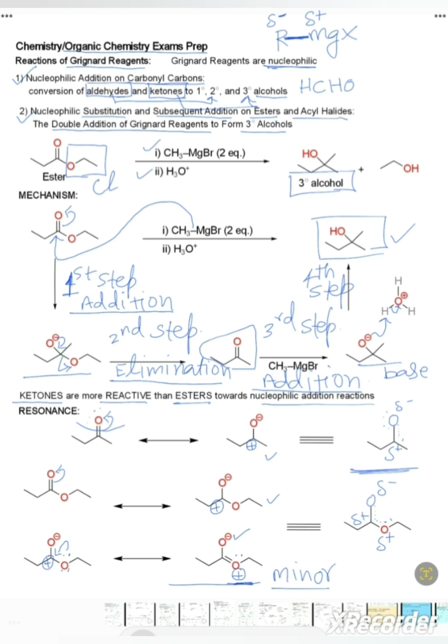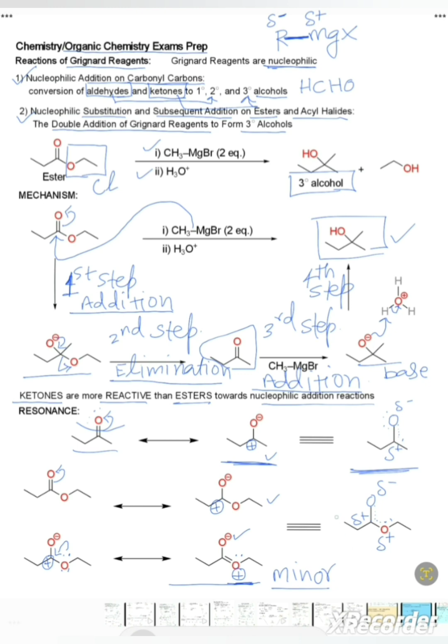So now we can see that there is only one resonance structure here, other than, of course, the starting structure. But in case of esters, there are more than one structure.